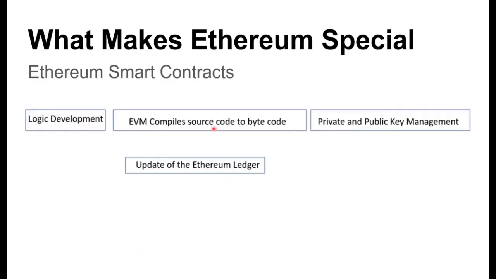So the logic development in a smart contract or distributed application works in the same way that other application development is done. Logic is developed, there's some kind of compiling or building. There is public and private key management, no question about it, for your payments. And then when payments are made, the Ethereum ledger is updated.